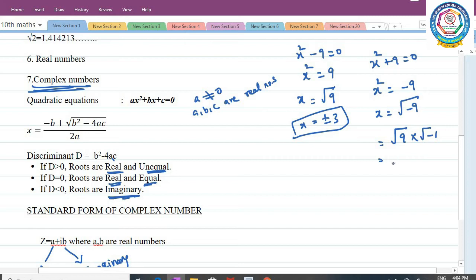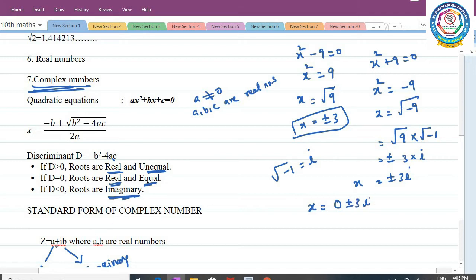What is square root of 9? That is plus or minus 3. Into what is square root of minus 1? The square root of minus 1 is denoted i. Therefore, plus or minus 3i. So here we are getting imaginary values. So x is equal to plus or minus 3i, which can be written as x is equal to 0 plus or minus 3i.